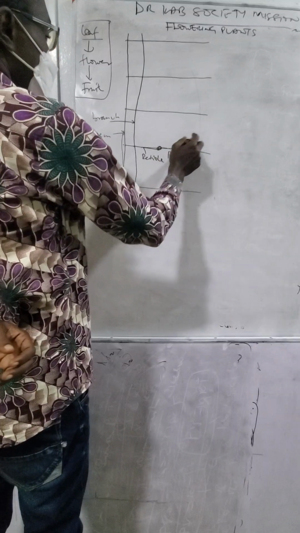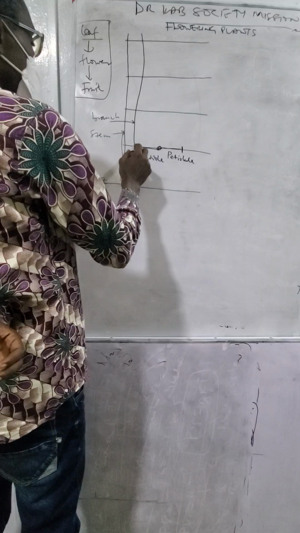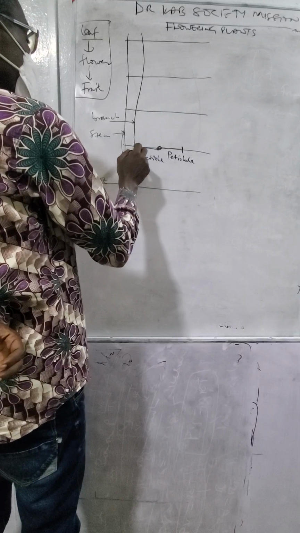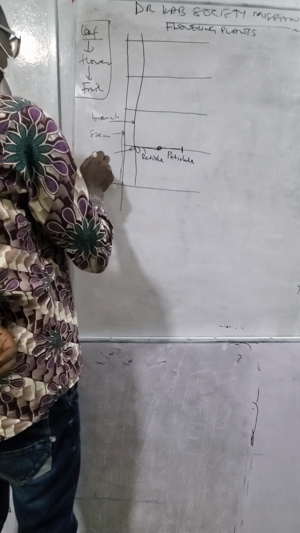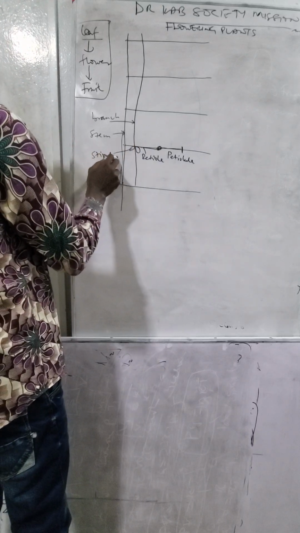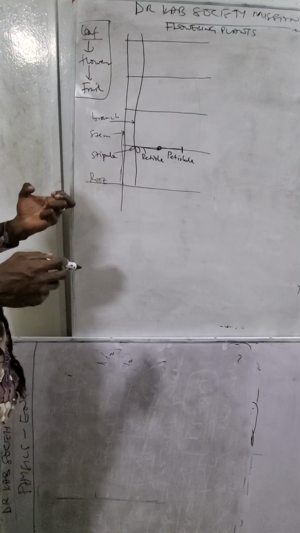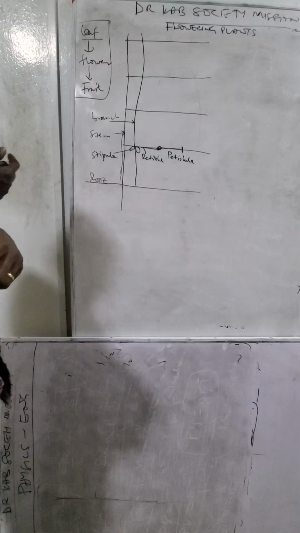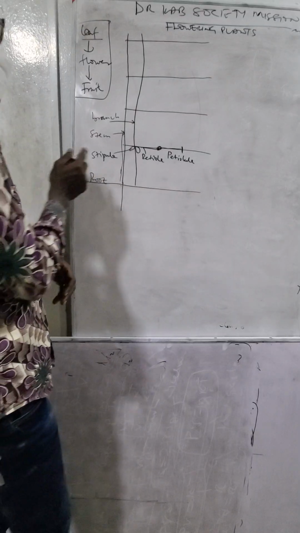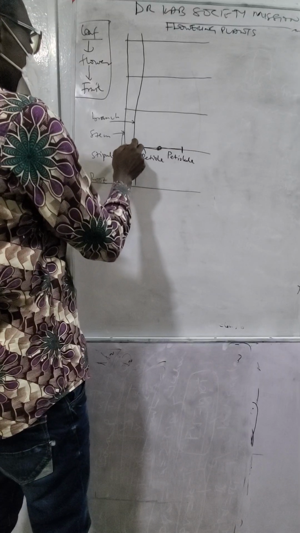Now just remember the actual leaf will have something here, some small leaflets or leaves we call the stipules. So you can say it is stipulated or not stipulated. That is one term you should know. These are small leaves like that, and then you can have a bud here.